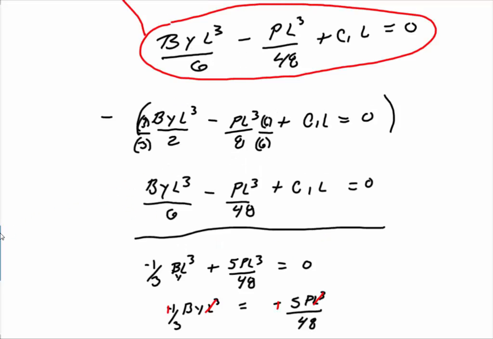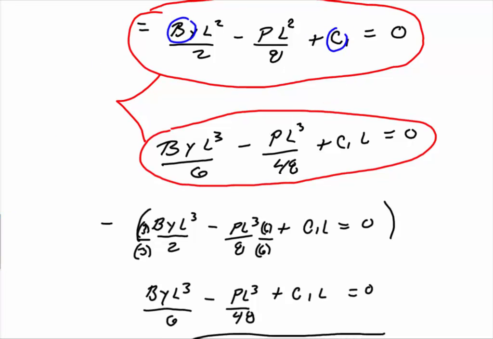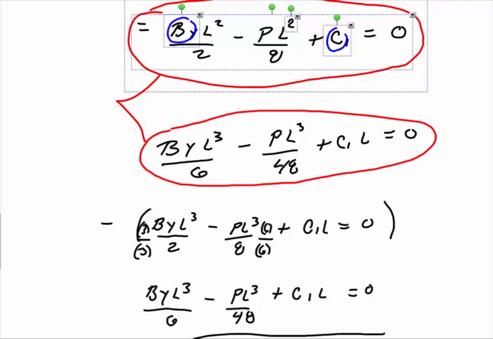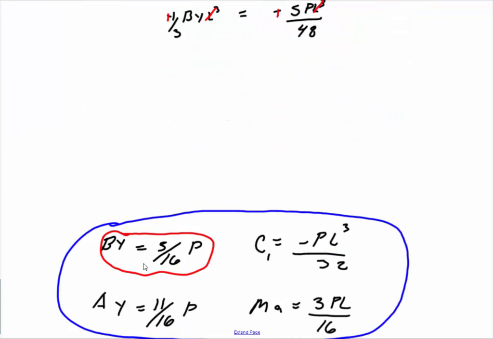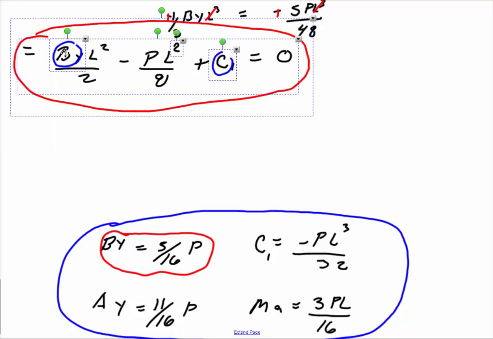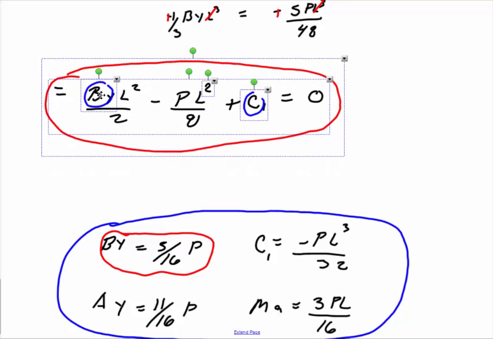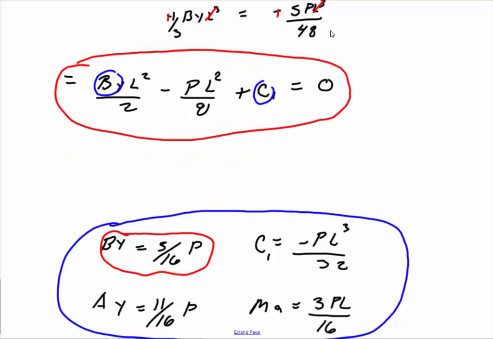Let's take this equation here. Let's grab it. We'll put it right in here. Okay, so let's take this out here. We'll substitute back in, which we said we knew what BY was.